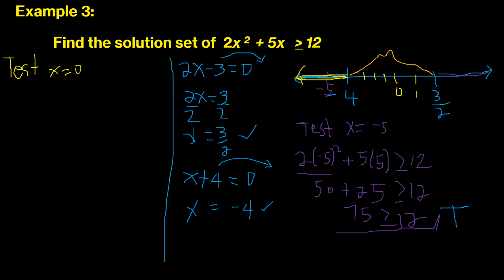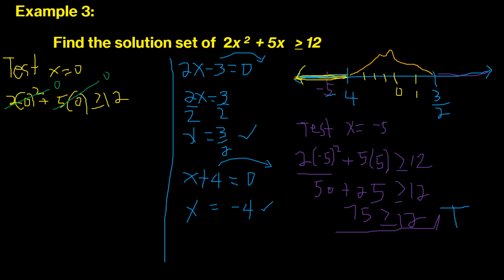Substituting 0 to our original inequality, we have 2 times 0 squared plus 5 times 0 is greater than or equal to 12. But 0 squared is 0, times 2 is 0. 5 times 0 is 0.